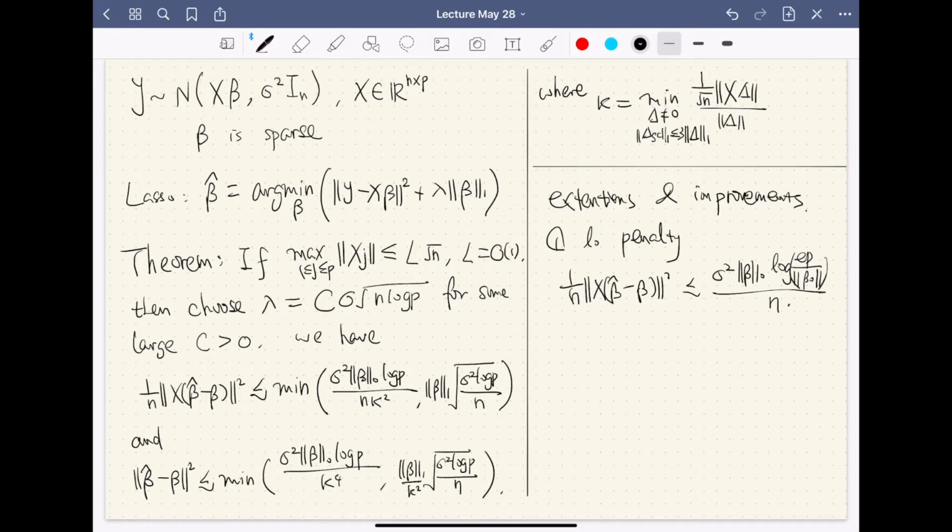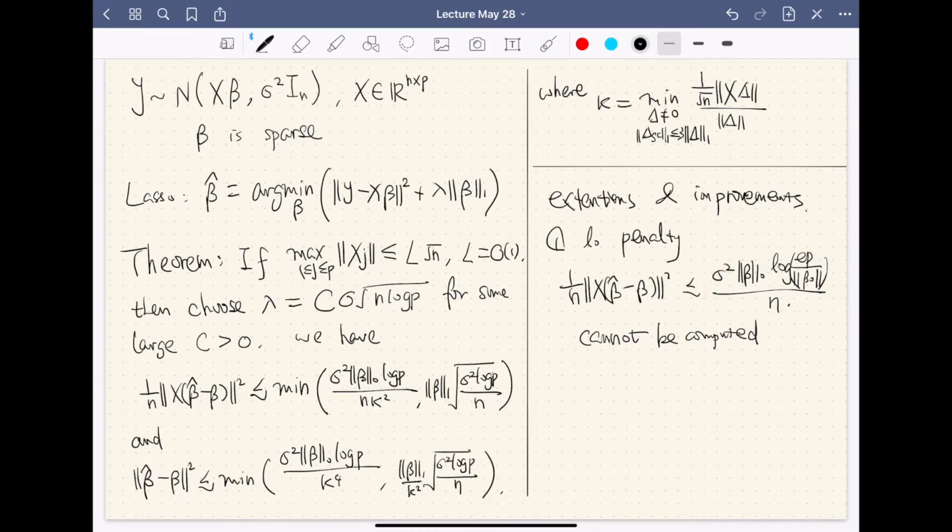However, we know that this L0 penalty method cannot be computed. It is basically NP-hard. Not only that, we have also mentioned a computational lower bound by Zhang, Wainwright, and Jordan, which says that there is no polynomial algorithm that can achieve this rate.